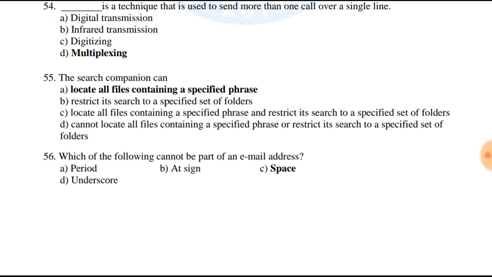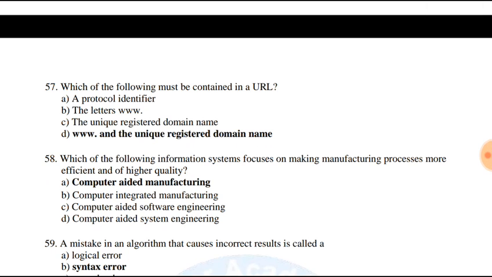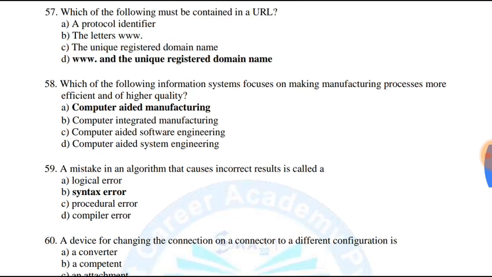Which of the following cannot be part of an email address? Space. Which of the following must be contained in a URL? www dot and the unique registered domain name. Which of the following information systems focuses on making manufacturing processes more efficient and of higher quality? Computer aided manufacturing.